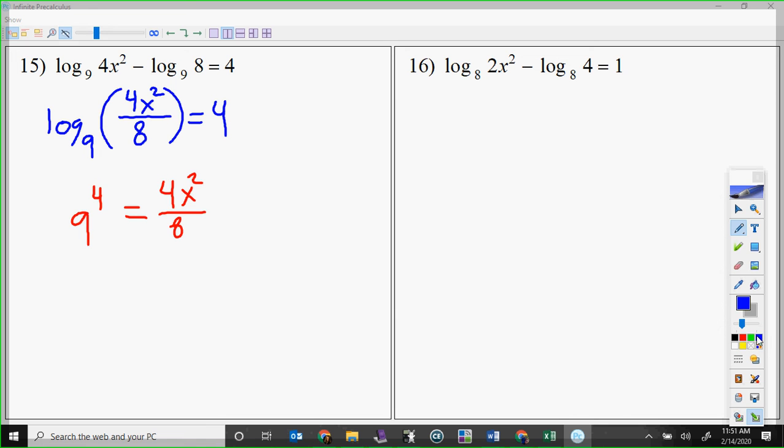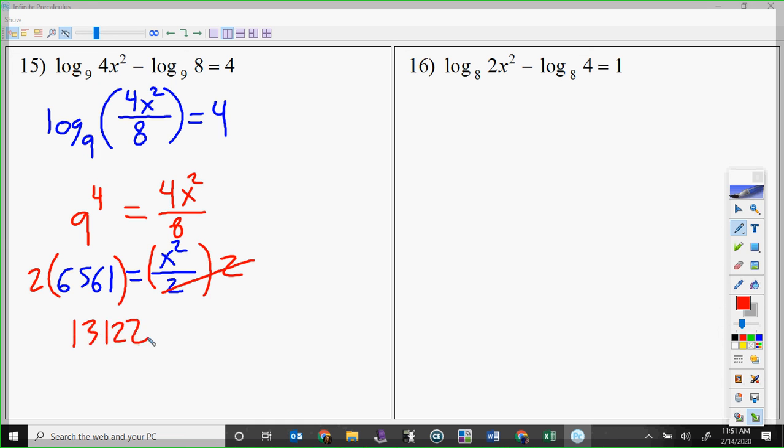Okay, so I'll pull out my calculator and say, well, 9 to the 4th power is 6561, and this is really x squared divided by 2, because I can simplify 4 over 8 to be divided by 2. I'm going to multiply both sides by 2, so that I get the x squared by itself. That gives me 13122 equals x squared.